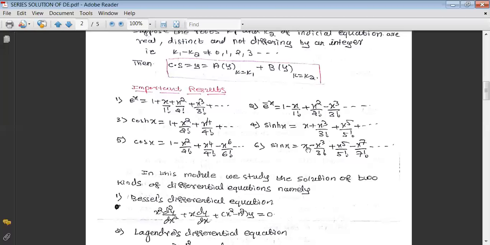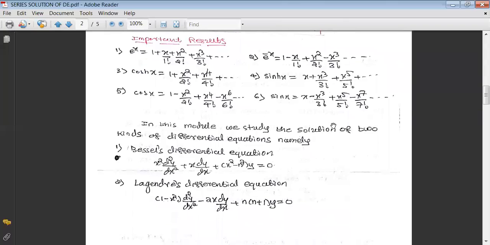And sin x is given by x minus x cubed by 3 factorial plus x raised to 5 by 5 factorial minus x raised to 7 by 7 factorial and so on. While going through the theory or the examples, these are some of the standard results we may recall while solving examples on series solution of a differential equation.